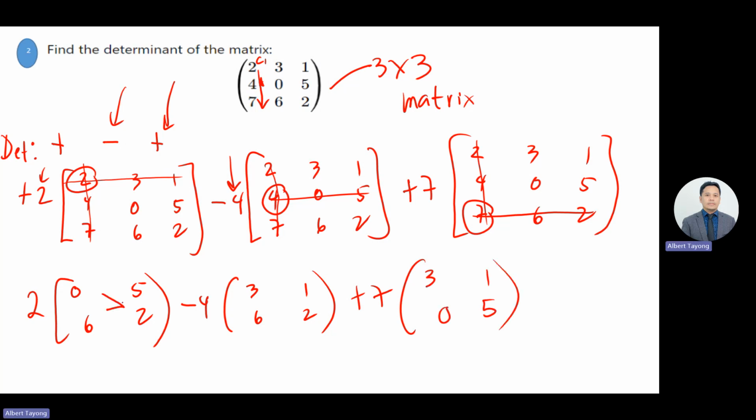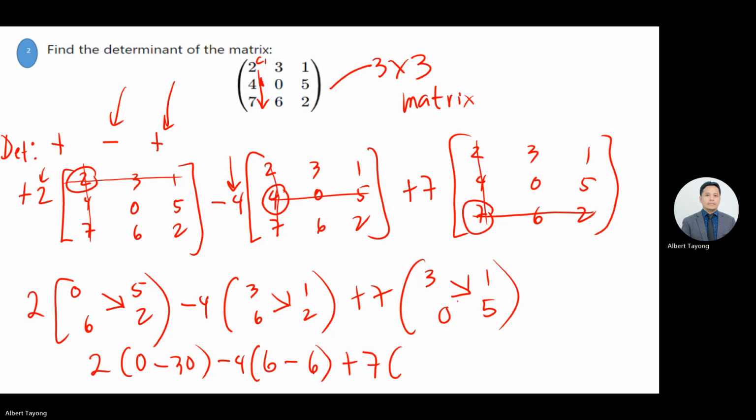So we're now going to get the determinant. Inside, this is 2 times 0 times 2 minus 6 times 5. Minus 4, this is 3 times 2, 6, minus 6 times 1, 6 also. Plus 7, 3 times 5 is 15, minus 0 times 1, here is 0.